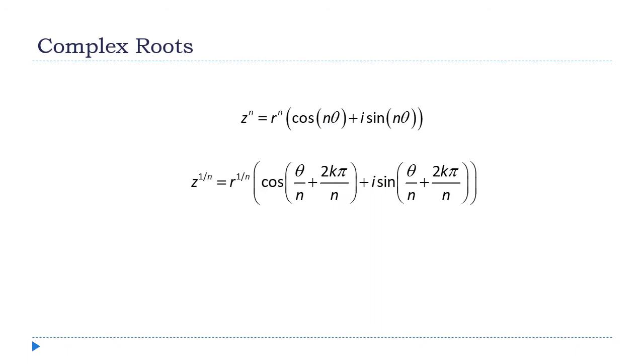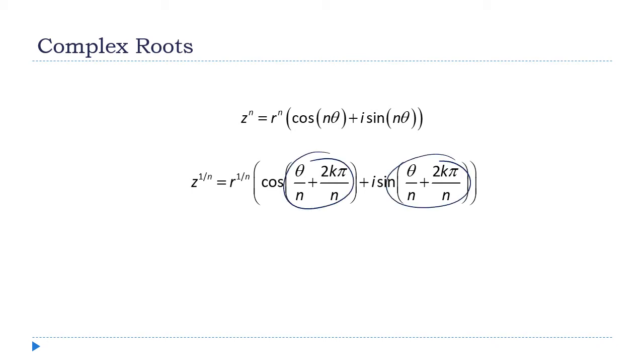So how about if we have a fractional exponent? Well, I know it looks a mess, but it really is saying the same thing. Only now, when you multiply by 1 over n, you're making the angle smaller. So we have to deal with that whole plus 2k pi thing. And that's all this bit is saying.